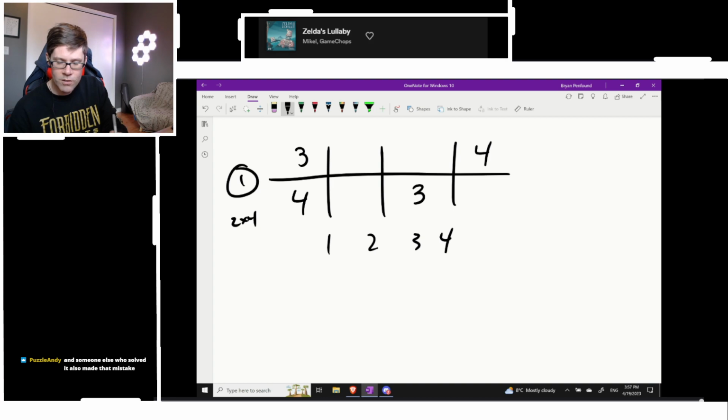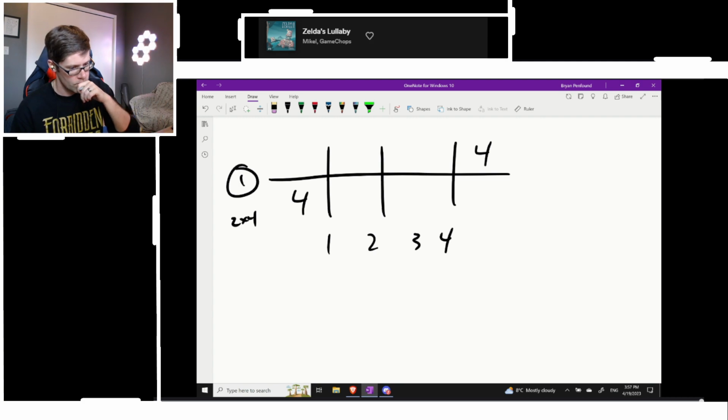And someone else who solved it also made that mistake. Oh, I see. No, the 3 has to... The 3 either has to be here or here. It's got to be one or the other.